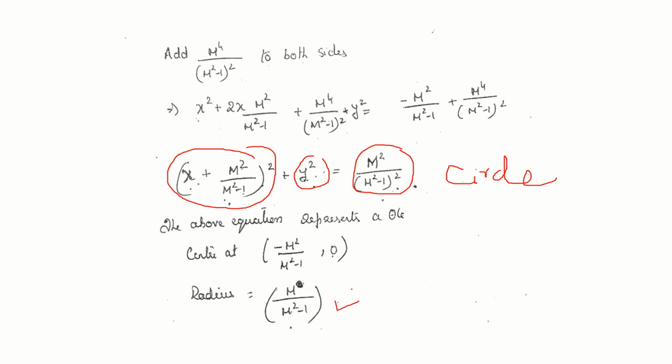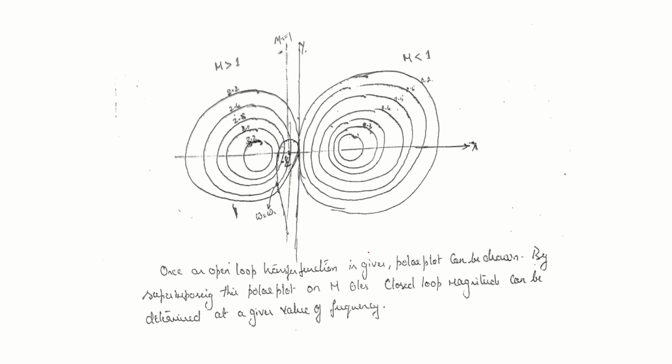That means I can represent all the closed loop magnitudes by a set of circles centering at this point with this radius. What I do, I go on giving values for m, so I'll get the center point, also the radius, and I'll draw a set of circles. Take this as x, and this as y.